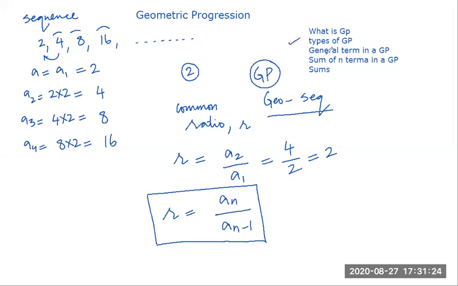The second thing, types of GP. See students, when we want to discuss the types of GP, what's there in front of us? Two kinds of geometric sequence.